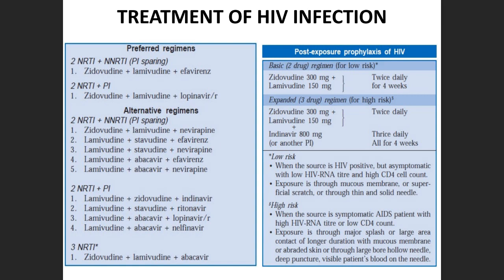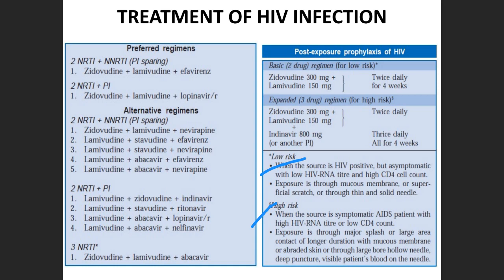This is a tabular form of the preferred regimen of treatment which is to be prescribed to the patient based upon the severity of the HIV infection, for low risk and high risk patients, where the source is HIV positive but asymptomatic with low HIV mRNA, or symptomatic AIDS patients.